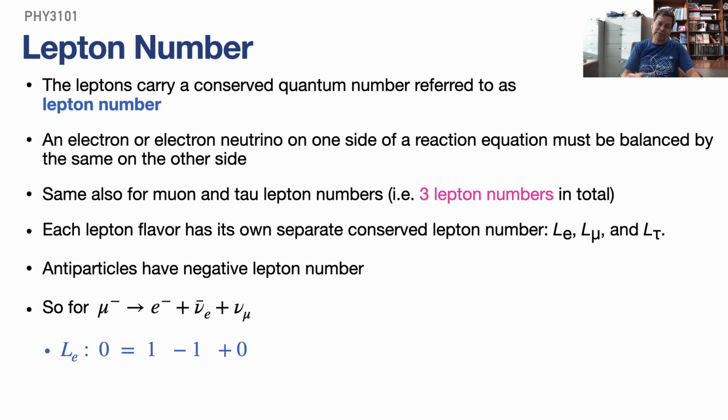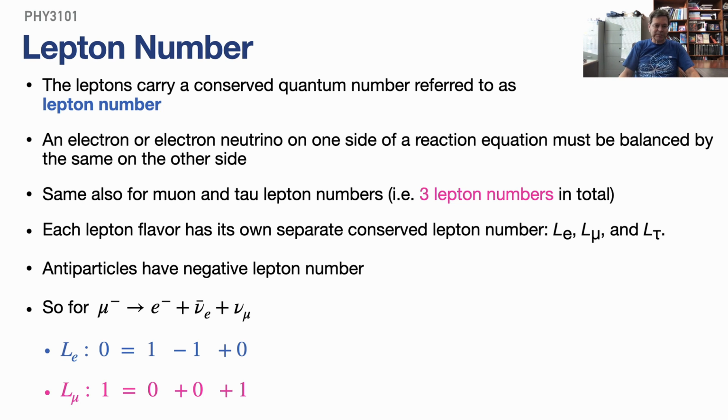The electron, of course, has electron lepton number equal to 1. Now, there's an electron type antineutrino. It does have electron lepton number, but because it's an antiparticle, it has -1. And the muon neutrino is a muon type, a separate quantum number, so it's 0 in the electron number. So does 0 equal 1 minus 1? Yep, sure does.